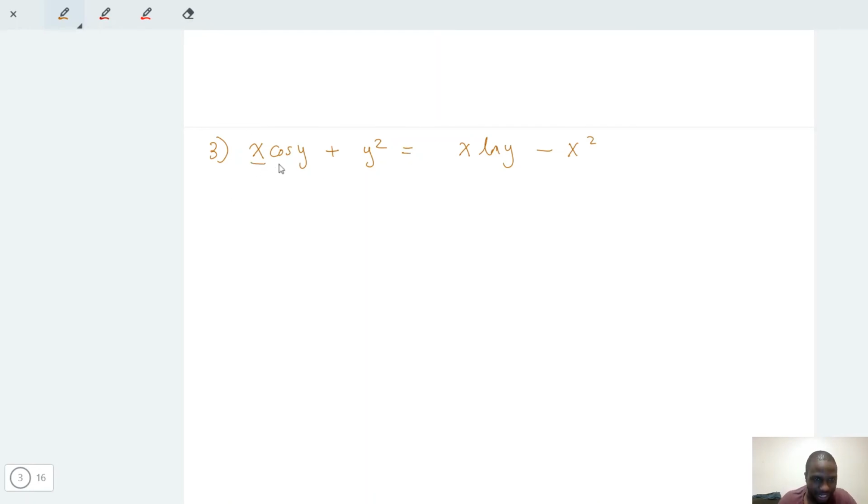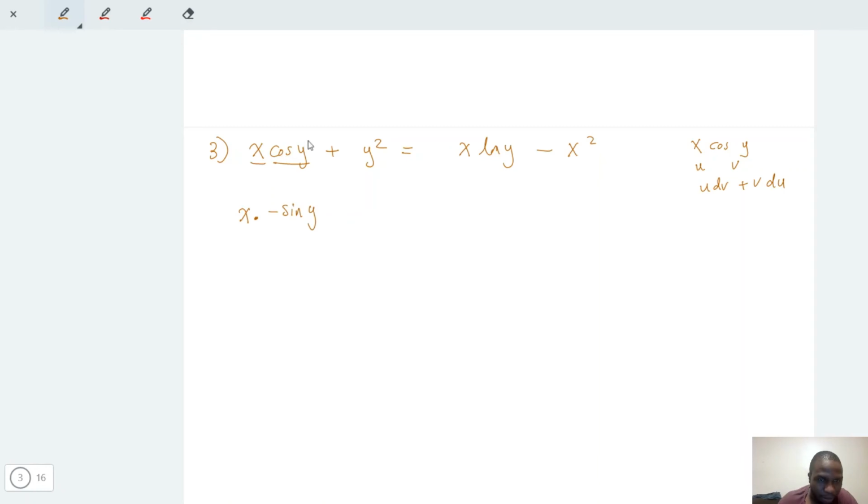Now the first thing I encounter here is a product of two things. Okay, and we use the product rule. x cos y, this is my u and this is my v, so we're just going to use u dv plus v du. So what do we have here? So we have u is x times, when we take the derivative of cosine, we get a negative sine y, okay?